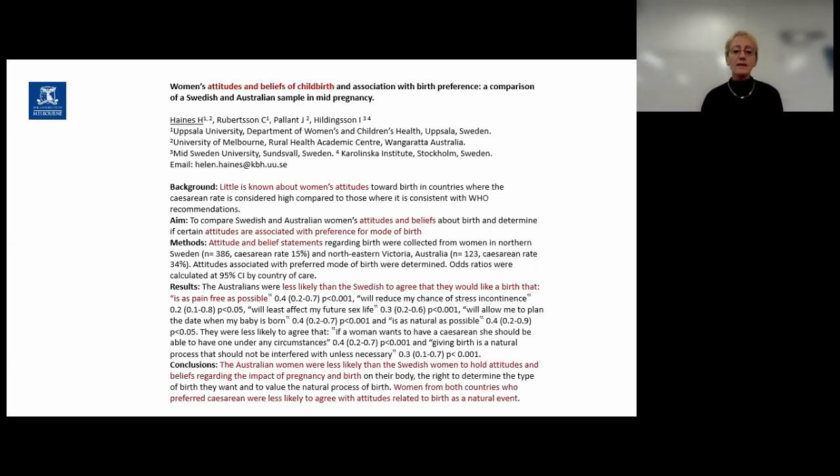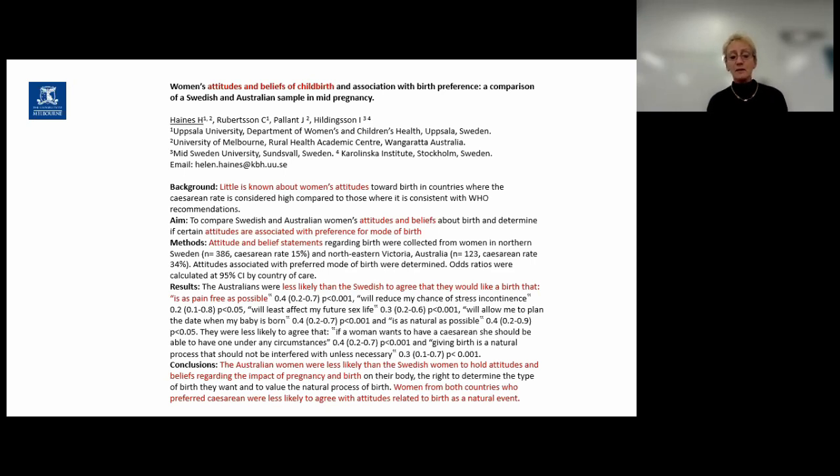The focus of this particular abstract was on attitudes and beliefs of childbirth. However, little is known, which is not how I would necessarily start a background, but about women's attitudes towards birth in countries where the caesarean rate, so it's about attitudes there.